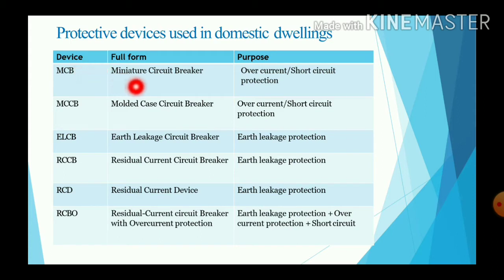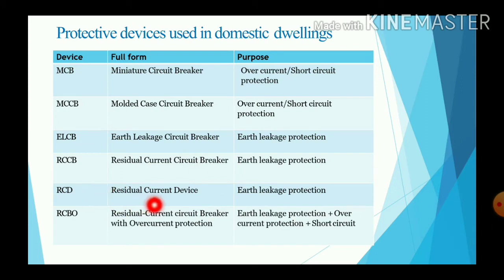It stands for miniature circuit breaker and it is used for overcurrent and short circuit protection. Then MCCB. It is molded case circuit breaker and is used for overcurrent or short circuit protection. Then ELCB, that is earth leakage circuit breaker. RCCB, it is residual current circuit breaker.